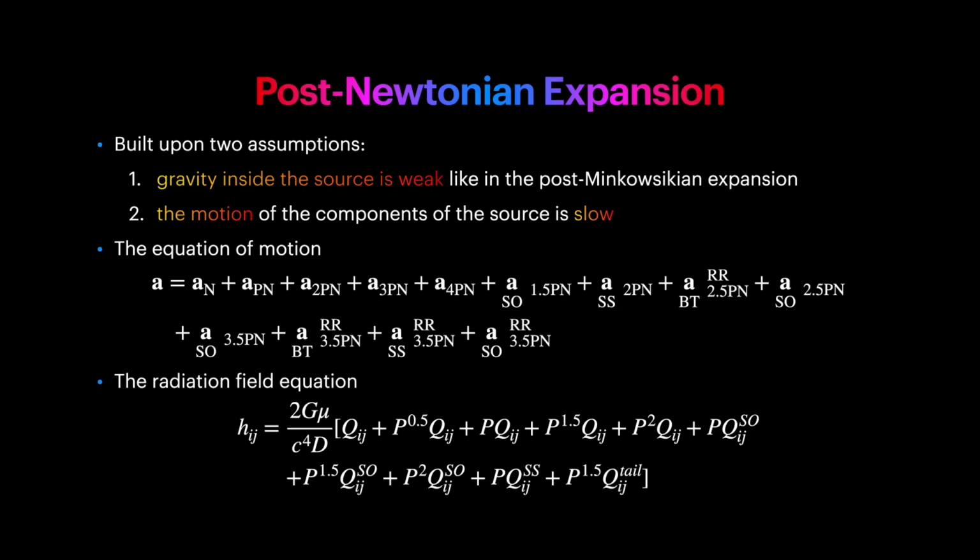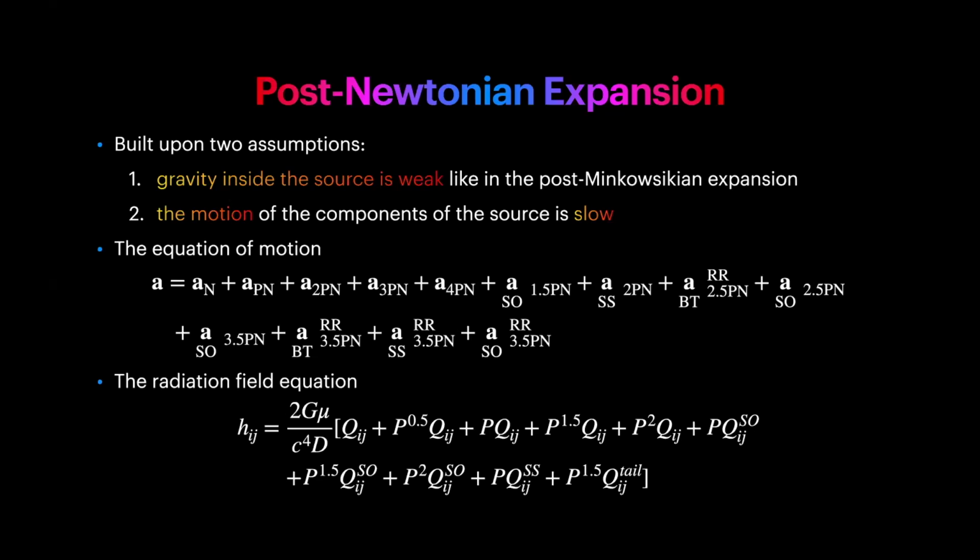So technically, it's mostly only usable for the inspiral phase, where they are still apart from each other, so the field is still weak and the motion is still slow. But with each new term, we are getting closer to the Einstein equation, so we hope we are converging towards the Einstein equation. So at some point we will be able to reach much closer regions in the development of the binary.